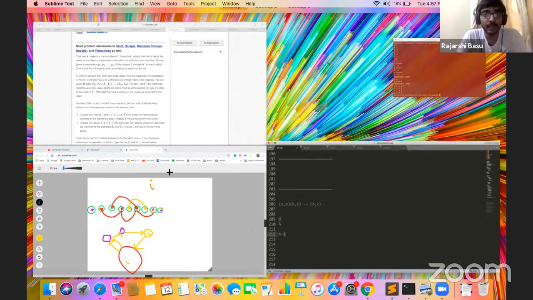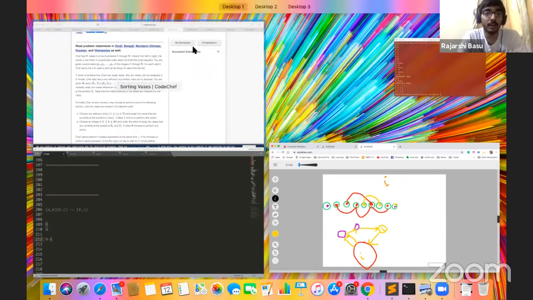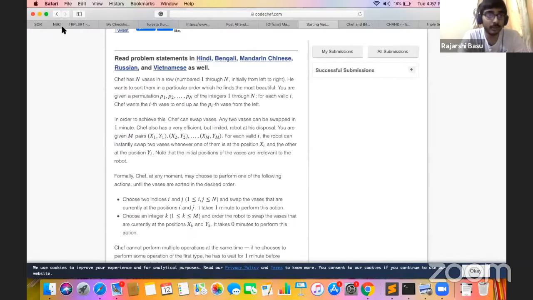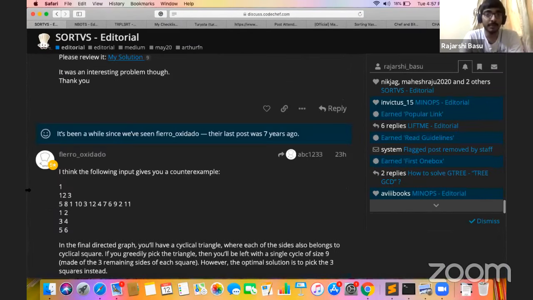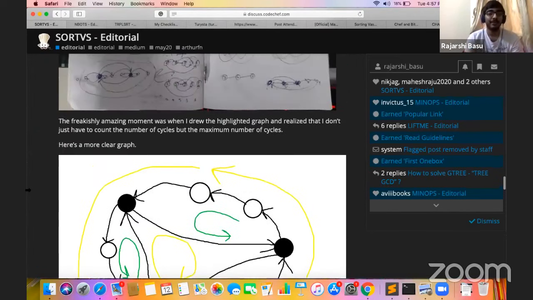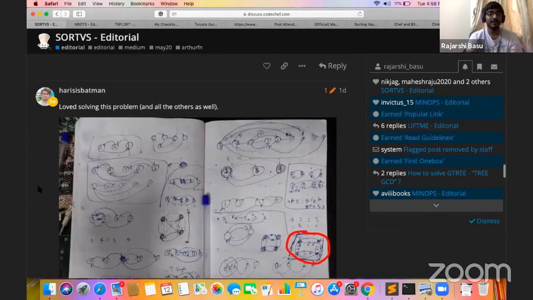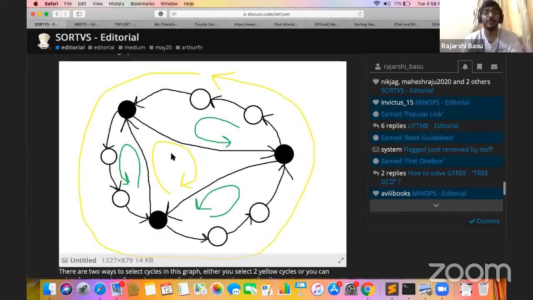So there can be multiple such decompositions, right? In the editorial section, I was seeing someone's diagram that was nice and makes my life easier. So this is one possible combination of edges that you can get.